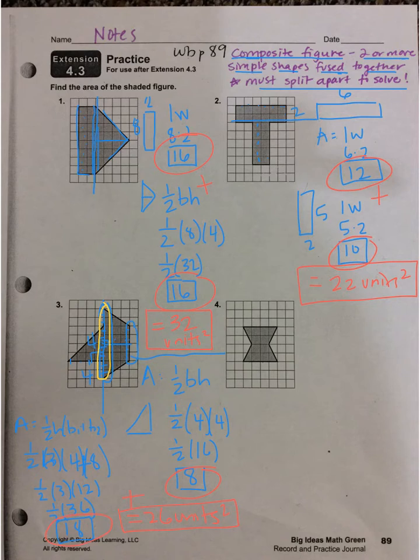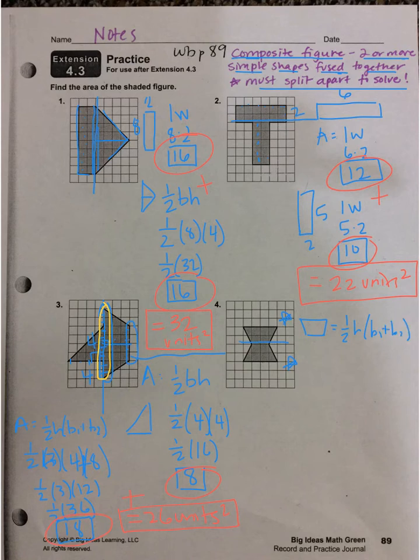Number 4, I would divide down this line and have 2 trapezoids. Have a top trapezoid and a bottom trapezoid. Let's begin with the top trapezoid. We know that's 1/2 the height times base 1 plus base 2.